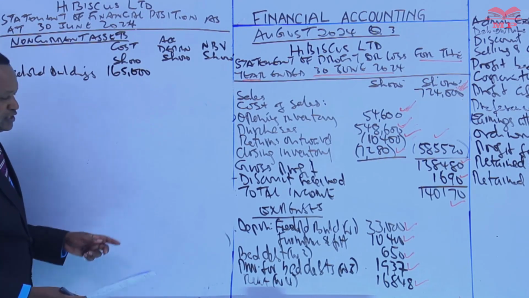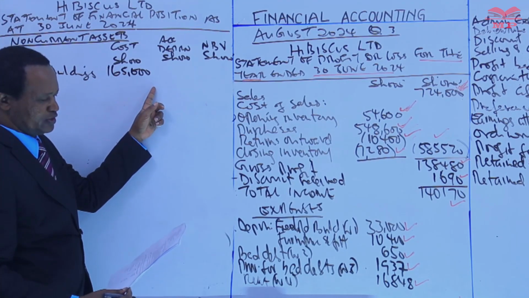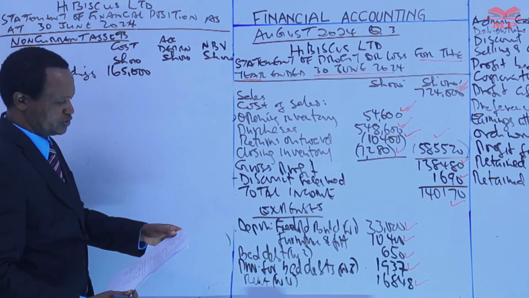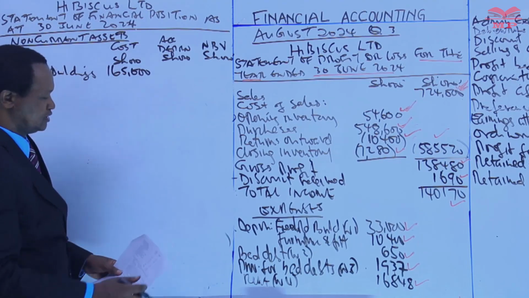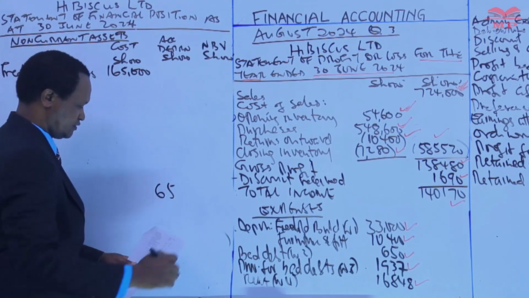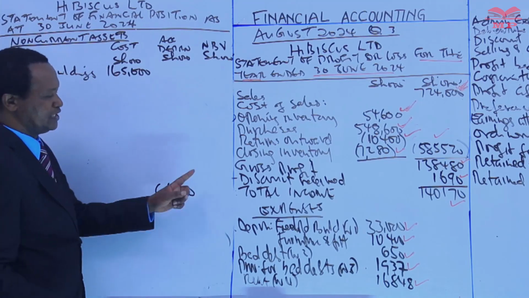Now for accumulated depreciation, you can see just below the furniture and fittings, accumulated depreciation on freehold buildings is 6.5 million. That is at the beginning.